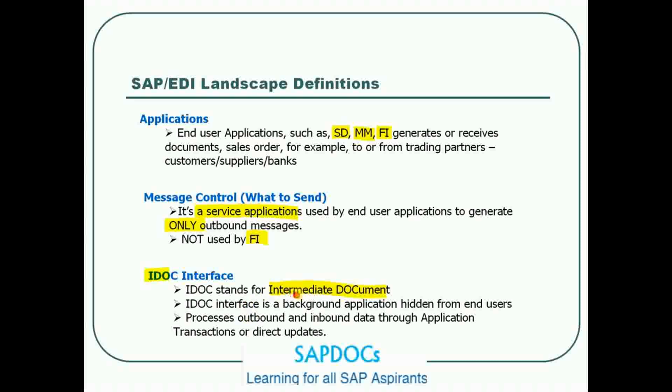An intermediate document, which we'll learn more about in subsequent lectures, is an application-neutral format which could be used by any third-party application and can be mapped to any different documents that the other application is interested in.